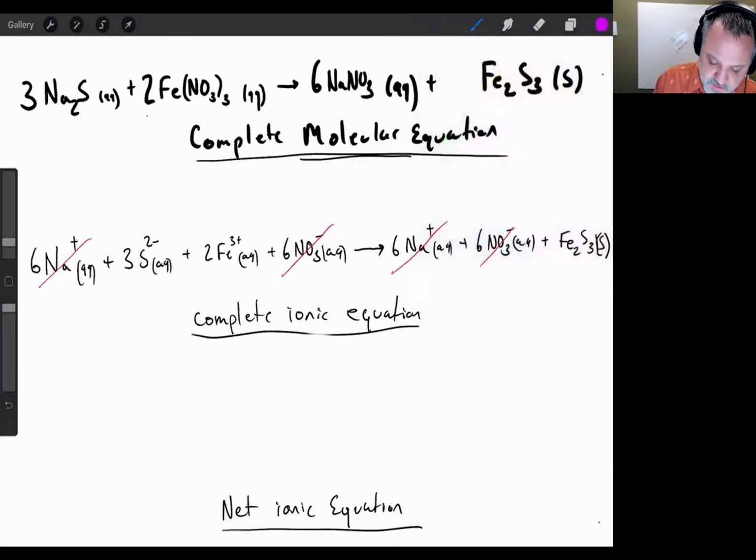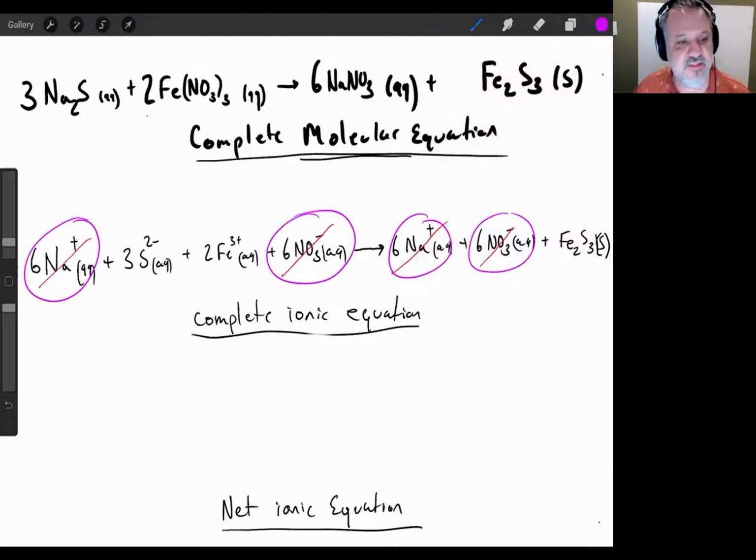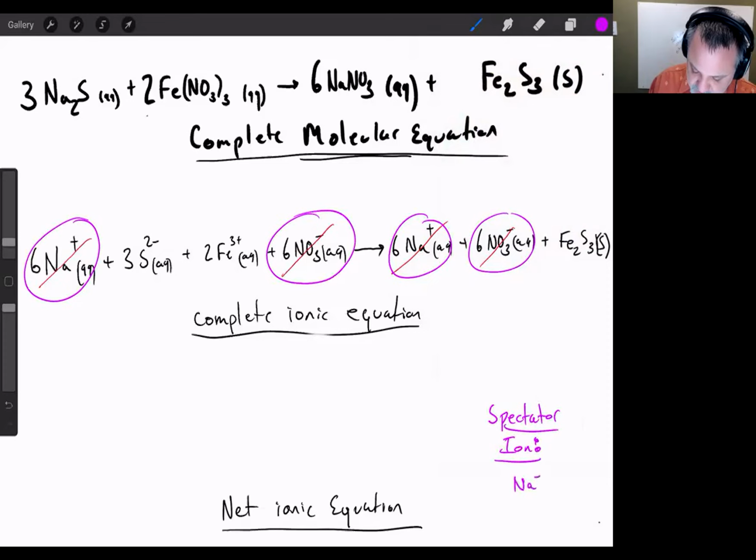Anything that appears on both sides in exactly the same quantity and state will not be included in the net ionic equation. They are what we call spectator ions. They don't do any chemistry. They just stand around and watch. Nothing happened.